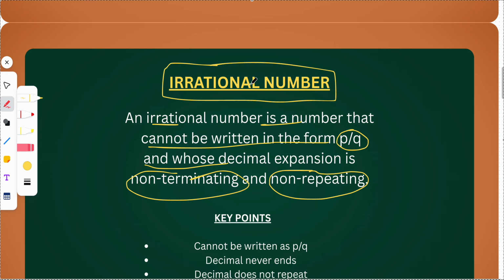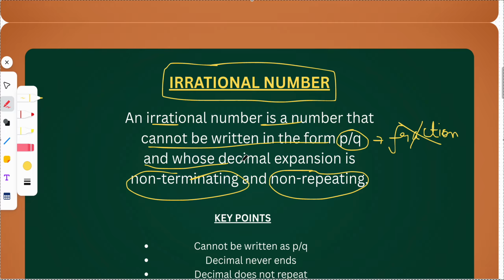You have seen that rational numbers were able to be written in the form of p by q, that is fraction format, but irrational numbers cannot be written in the form of p by q. Highlight this point. Irrational numbers cannot be written in the form of p by q, basically fraction format.